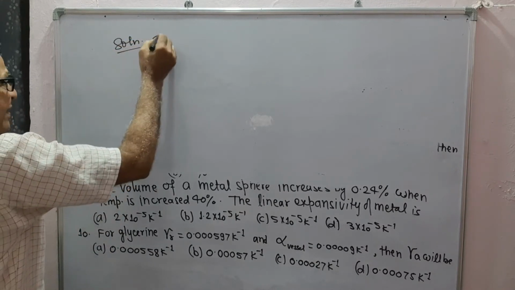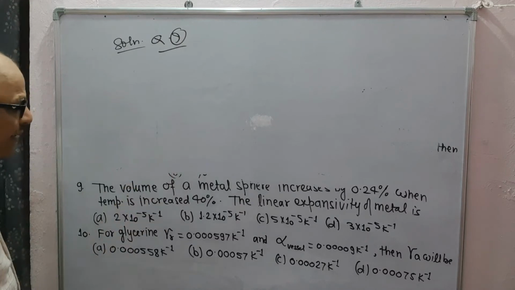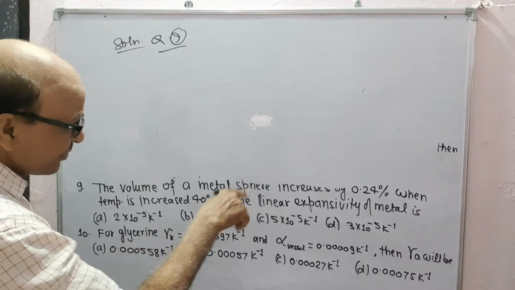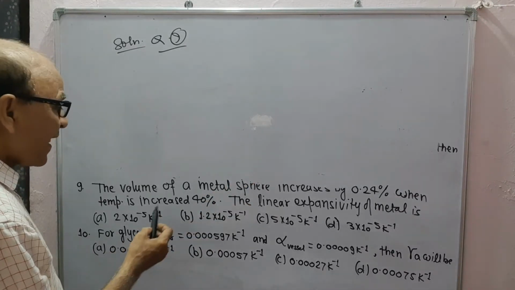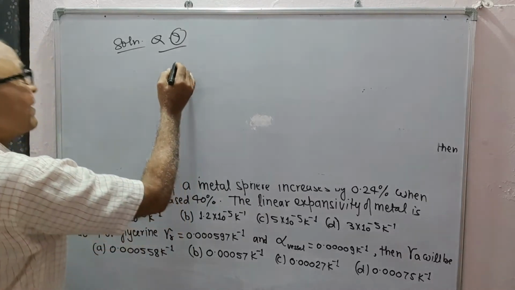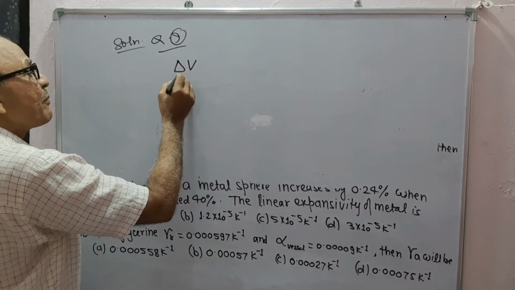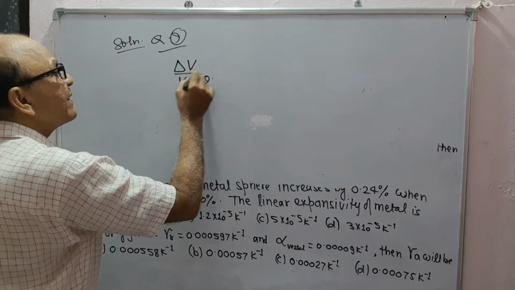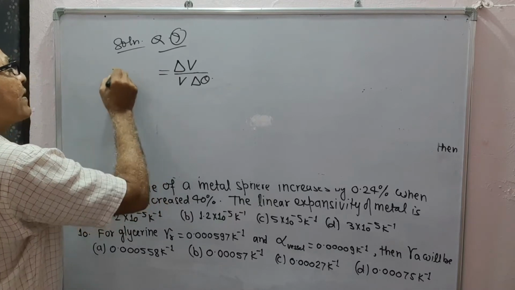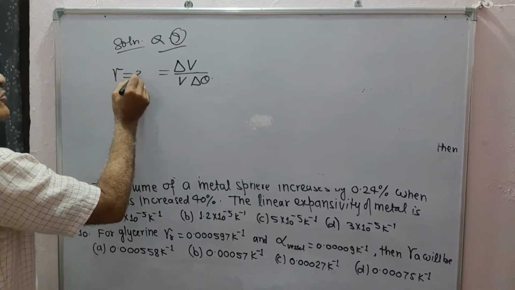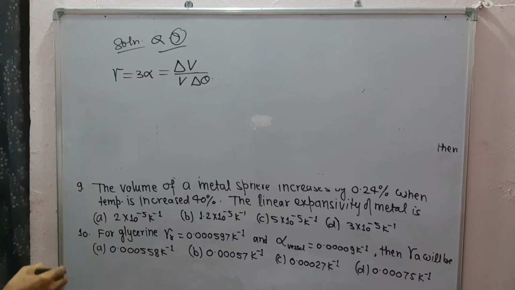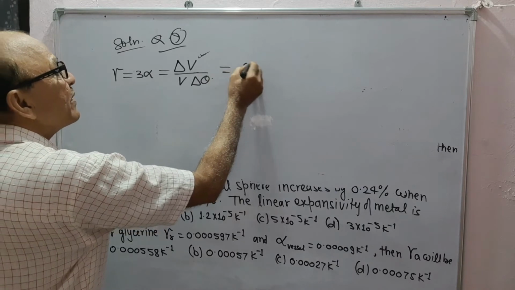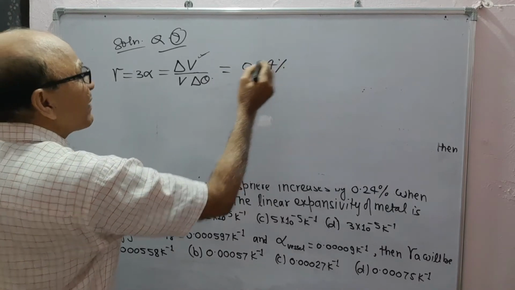Solution to question 9. Volume of a metal sphere increases by 0.2%. The linear expansivity. So here delta V upon V into delta theta is equal to cubical expansivity, which is equal to 3 times the linear expansivity. Now this is given to be 0.24%.